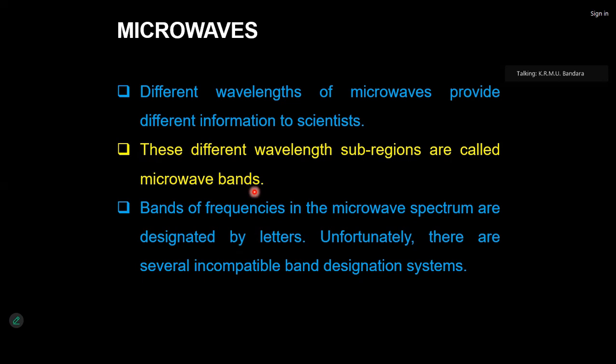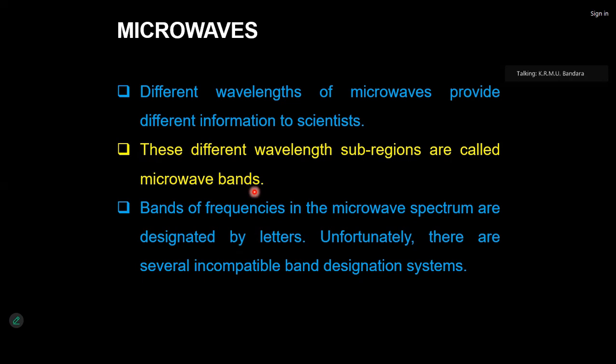If you are using A, B, C, D directly, where one band is A, the other band is B, the other band is C, in ascending order of the microwave range from 1 millimeter to 1 meter, you can identify what is A. If you know A, you can know B, the next to A. C is next to B. Like this, you can directly identify the region.